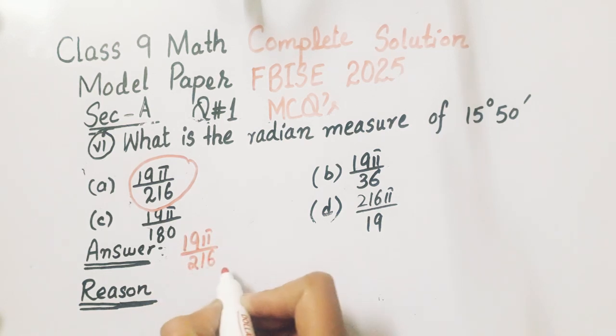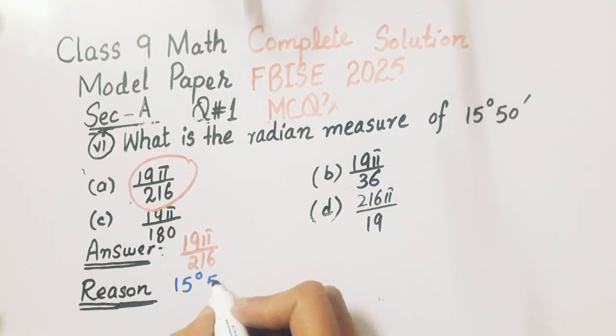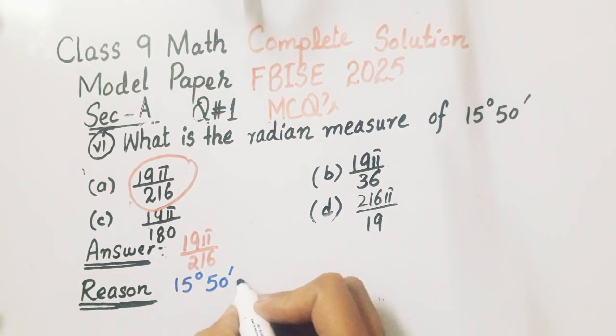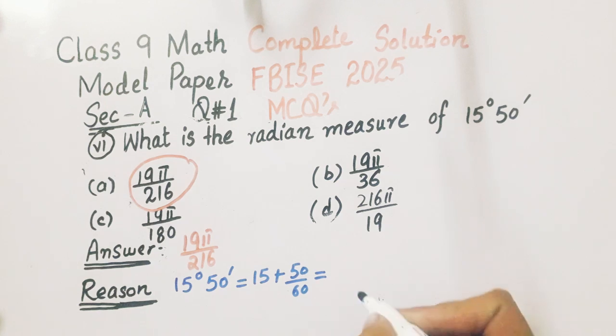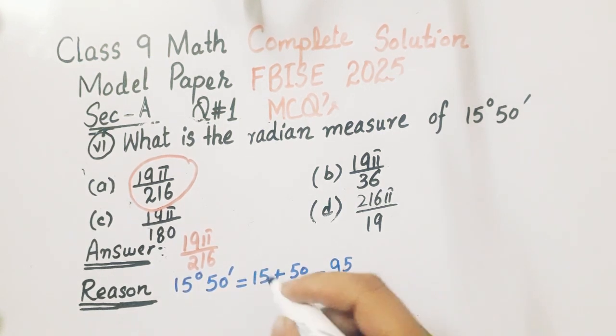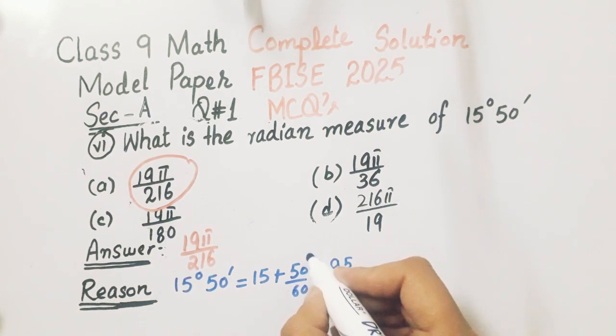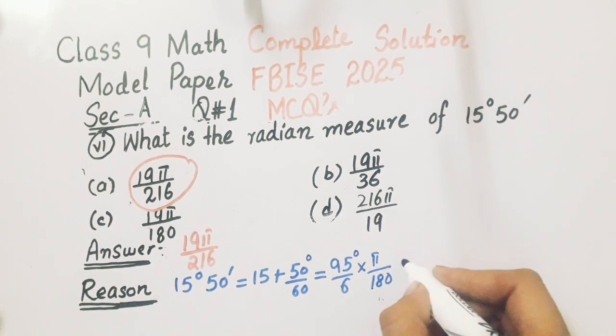And the reason behind this is, 15 degree 50 minute will be equal to 15 plus 50 by 60. By solving this we will get 95 by 6, and to convert degree into radian we will multiply by pi and divide by 180.